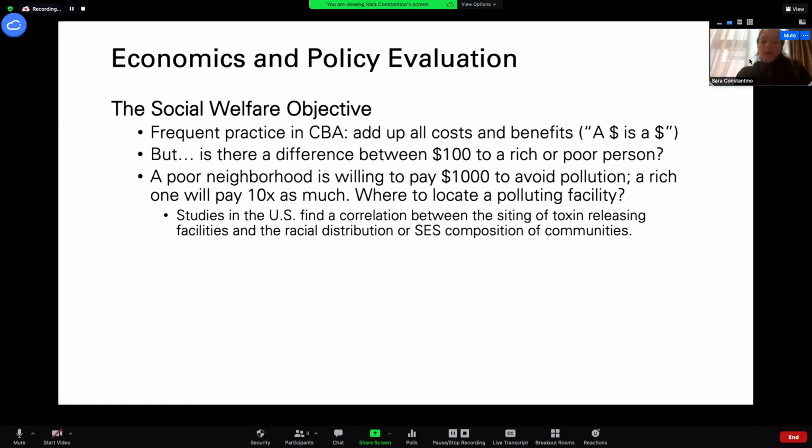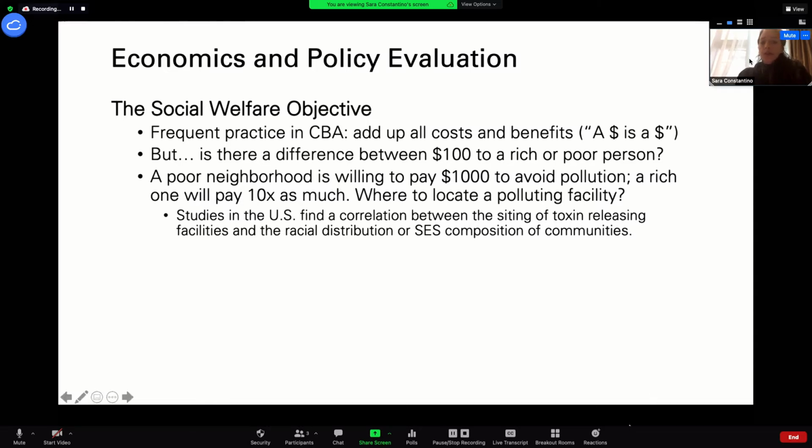So for example, think of a situation where we have a neighborhood that's willing to pay $1,000 to avoid pollution, and a rich one will pay 10 times as much. Where would we locate a polluting facility to minimize the costs? See, so there are these distributional issues that come up when we don't take into account that there are different abilities to pay and different meanings or access to money in different populations.